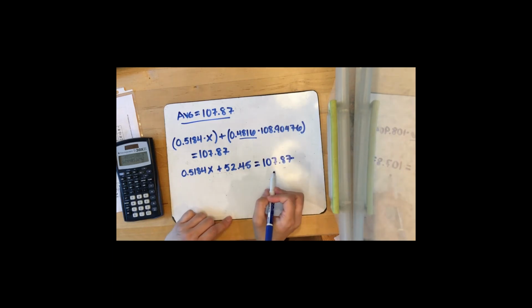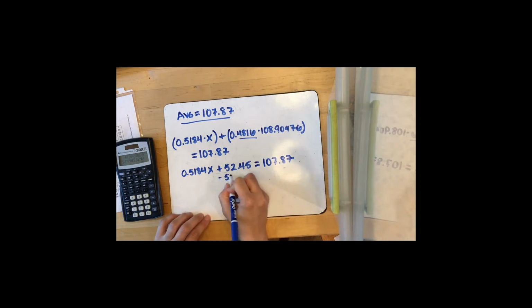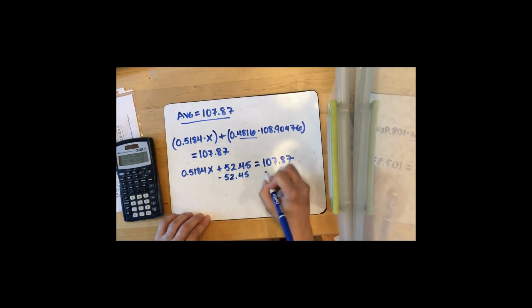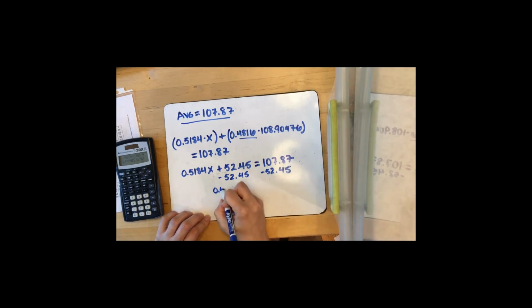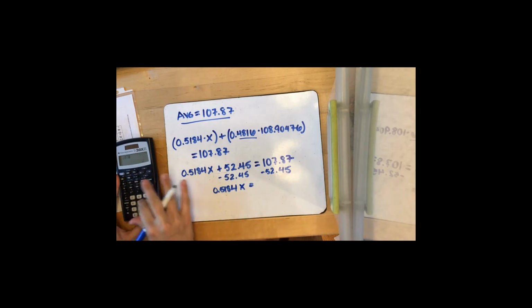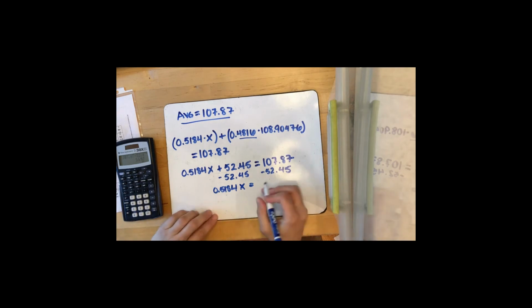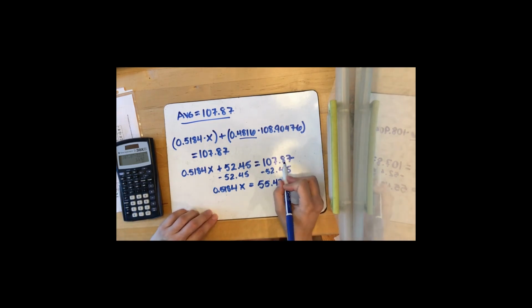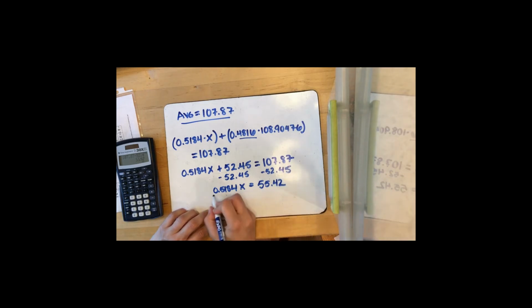Now it's a pretty simple algebra problem, right? I can subtract this from both sides, getting 55.42. Remember, we use our decimal places as our sig fig rule for subtraction.